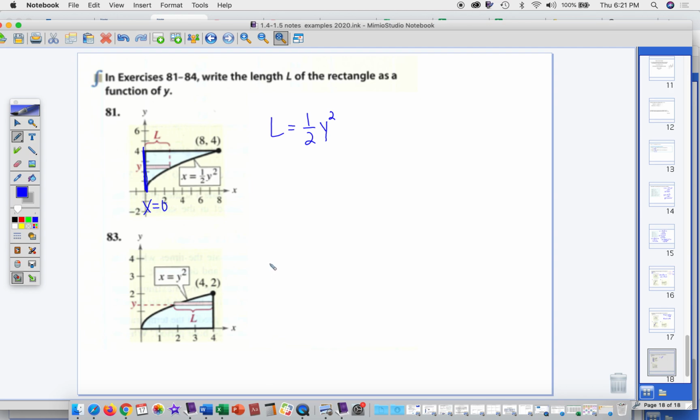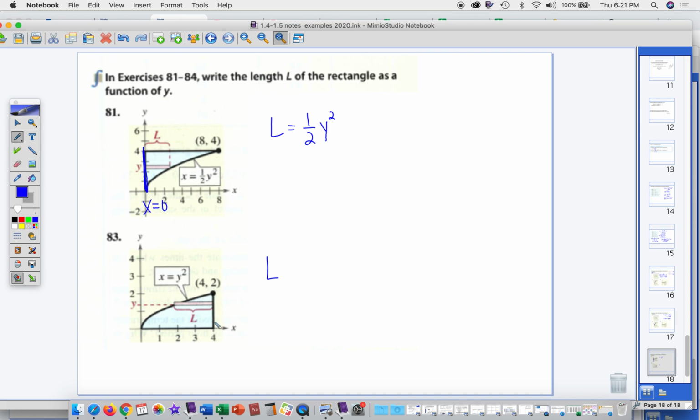For 83, now the vertical line is furthest to the right. We're looking at x values, so I want to take the largest x values and subtract the smaller ones. Everything along this curve would have a smaller x value. And again, x depends upon y. Just like over here, all of these are larger x values, and we subtracted 0, which was the other boundary.